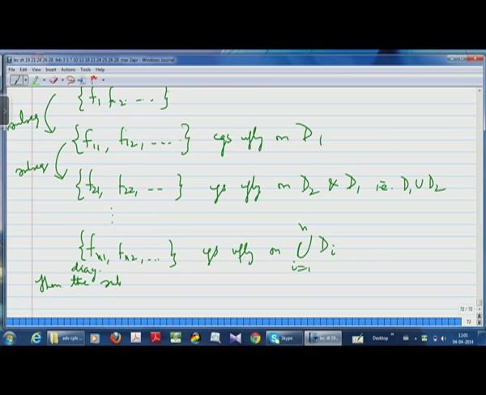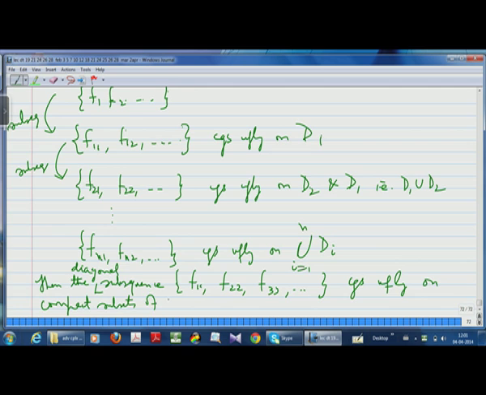Then the diagonal subsequence. So this is a diagonal trick. The diagonal subsequence f11, f22, f33 converges uniformly on compact subsets of D. That finishes the proof.